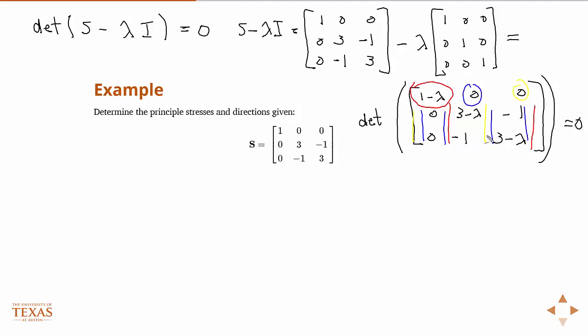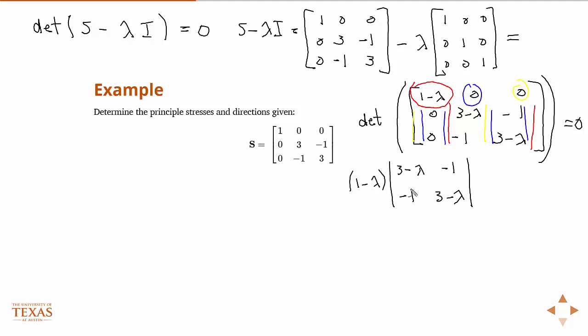Well, it turns out we're lucky here, right? Because we have 0 multiplying something and 0 multiplying something. So we really only are concerned with what's in red there, right? So let's write it down. So we take 1 minus lambda times the determinant of 3 minus lambda, minus 1, minus 1, 3 minus lambda.